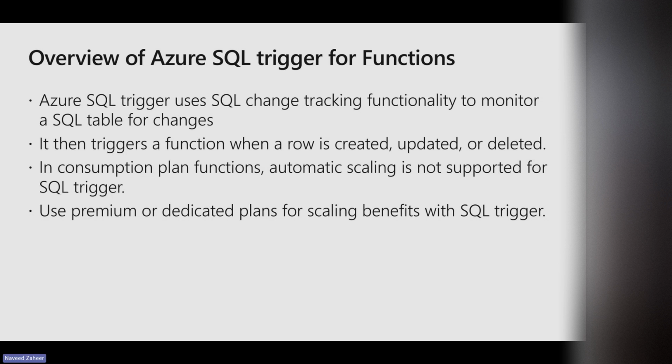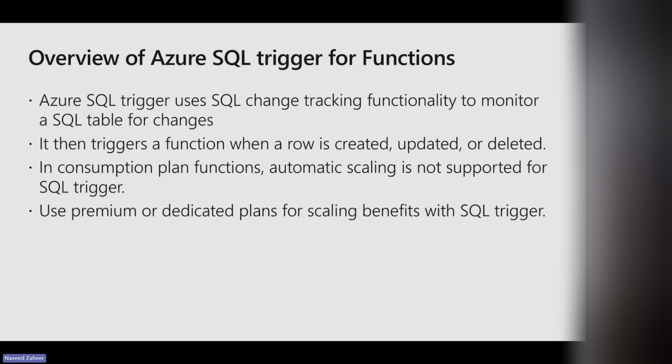Just keep in mind that it works with both consumption functions and dedicated functions. As you know, there are three plans for Azure Functions. One is the consumption plan, which basically runs in the public cloud, and when the function runs, you pay only when it is running. Of course, you cannot have VNet integration or things like that.